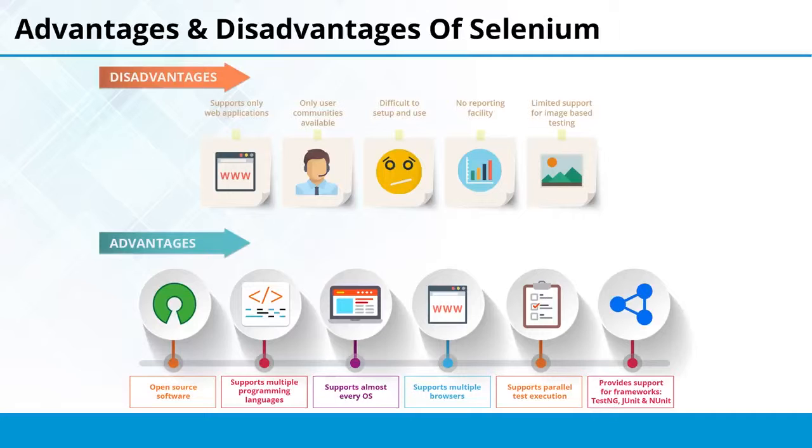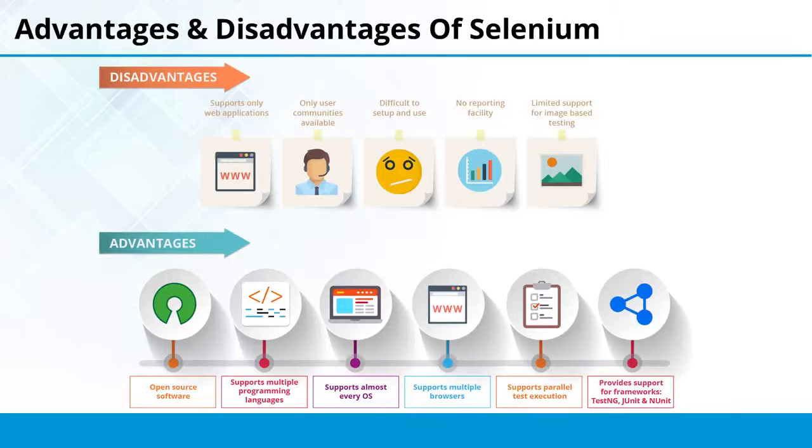Supports parallel test execution. Now that's a whole concept in itself. I'm not going to take it in detail, but I'll just let you understand what parallel test execution means. Now this parallel test execution can also include the term called cross-browser testing. So parallel testing means you're running the same test case parallelly on different browsers. That's cross-browser testing. And you can call it parallel also because you're running the test cases parallelly.